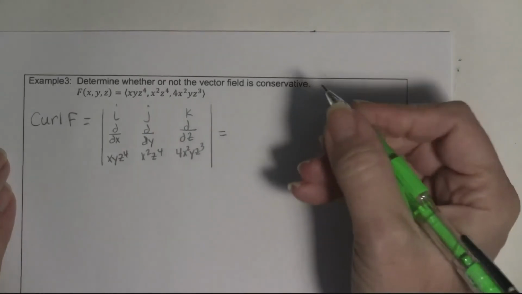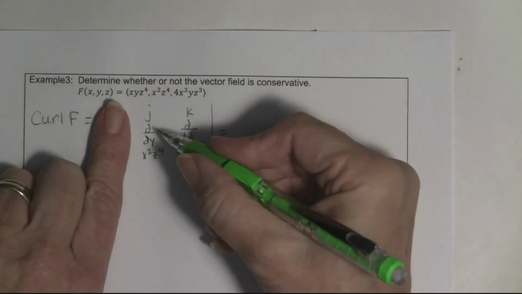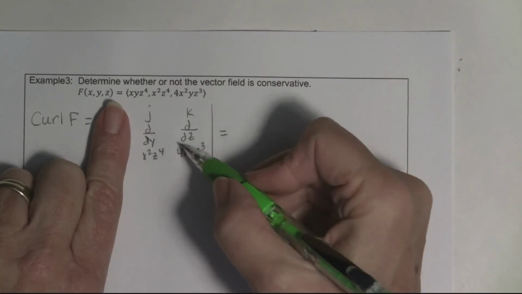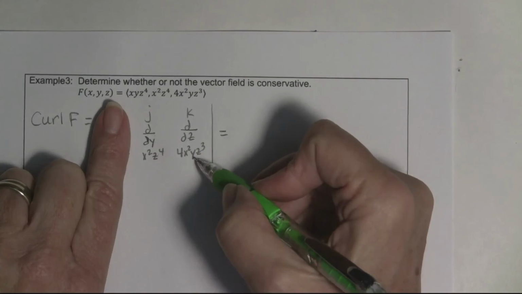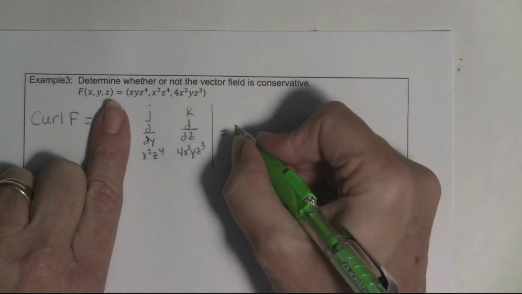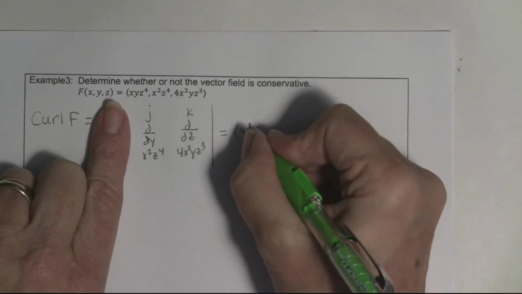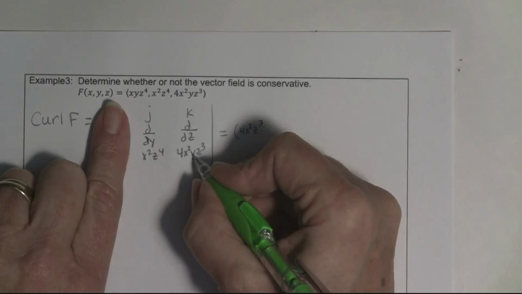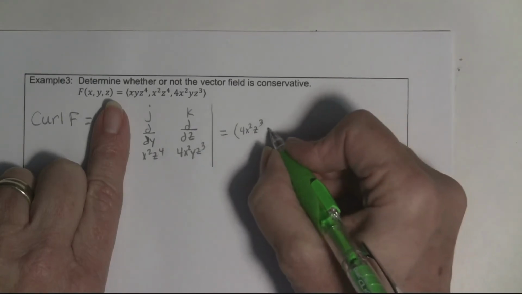And so when I do the partial with respect to y, well, there is a y here, so all of this other stuff is a constant, so 4x squared z cubed is a constant, and the derivative of y is 1, and so that's good, minus.